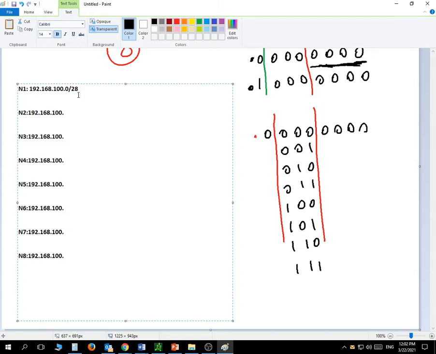This is going to be 16/28. This is going to be 32/28. This is going to be, we said, you add those together, you get 48/28.